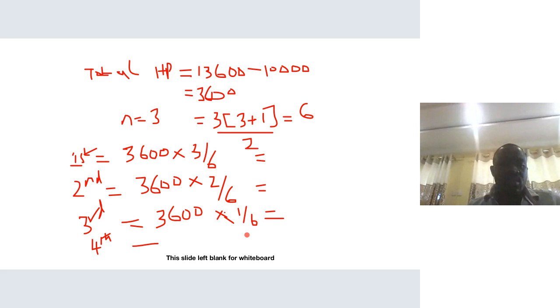So I can see Kelvin 188. Kelvin, can you check the one for the first installment? So here the first installment will be 1,800. Then we have 1,200.